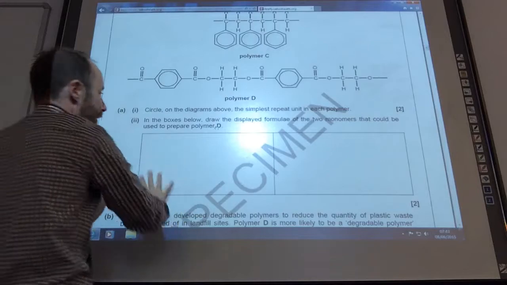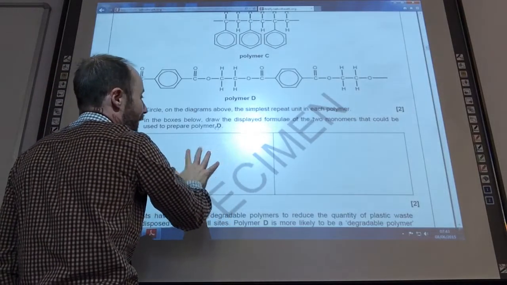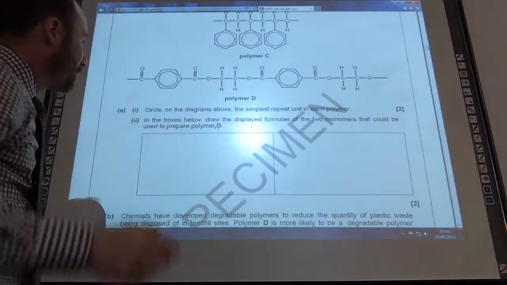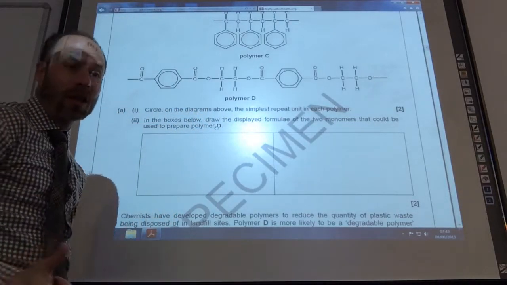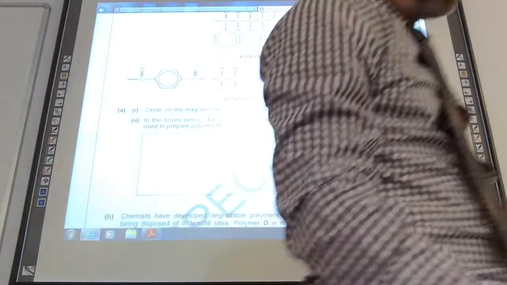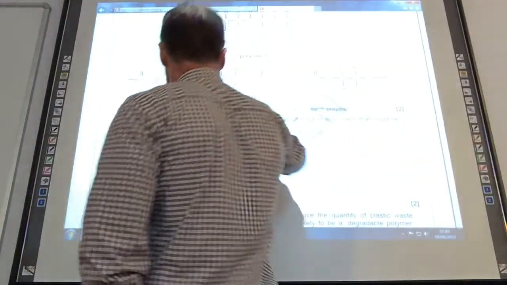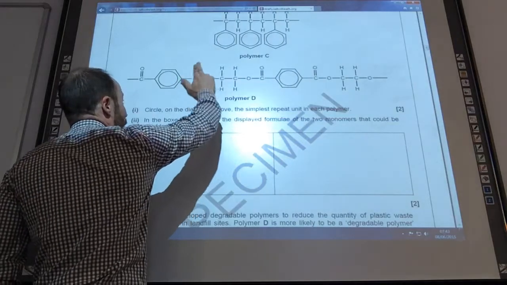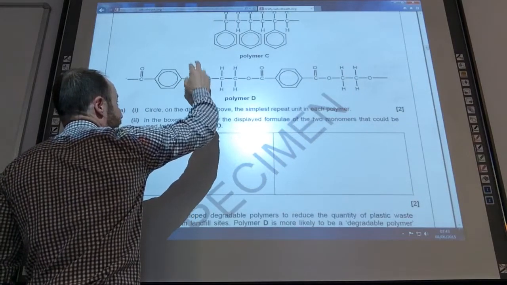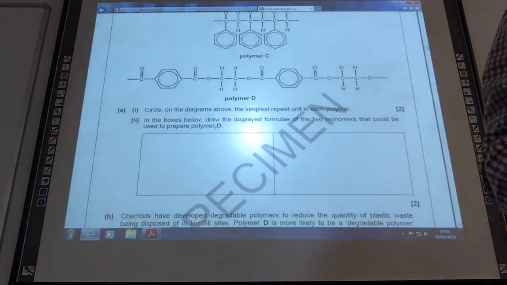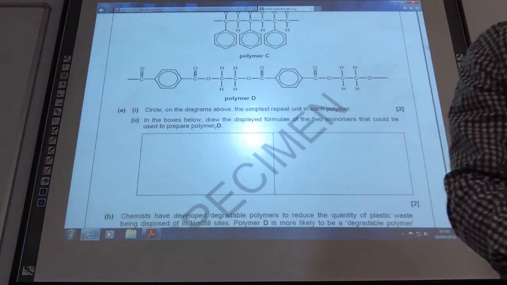We've just talked about these being the monomers that you can prepare, and we know it can be hydrolyzed, so the ester link can be hydrolyzed. The other thing is that this C double bond O, hopefully you remember, can absorb radiation and break as well. So C double bond O absorbs radiation and breaks, and the ester link can be hydrolyzed.